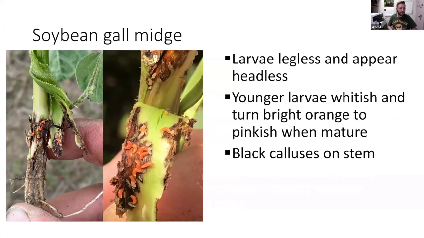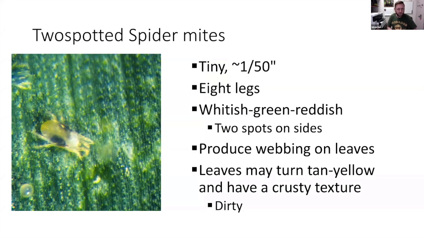Again, these can cause issues with lodging, killing the plant, a variety of issues. They tend to be seen mostly around field edges, and that's where it seems to be worse, but in some cases they can move into the field as well.